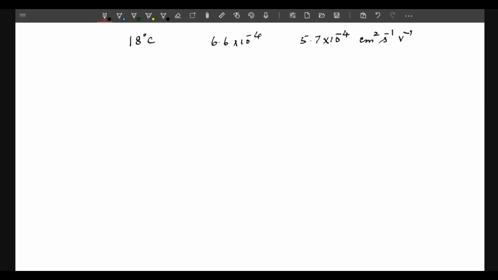Calculate the equivalent conductance of ammonium perchlorate at infinite dilution.